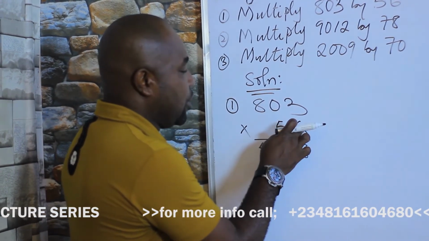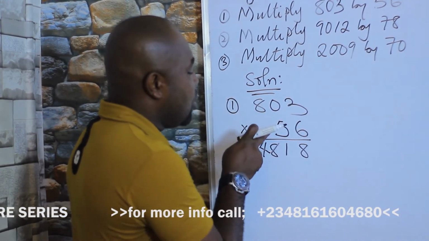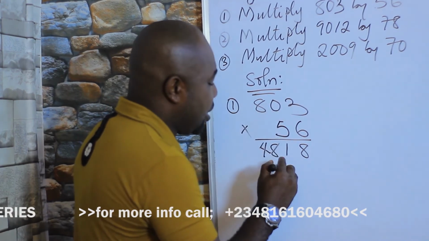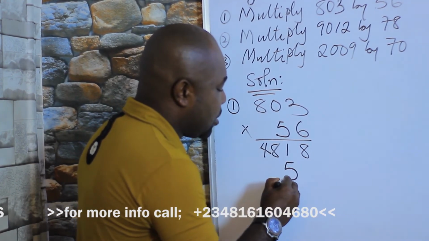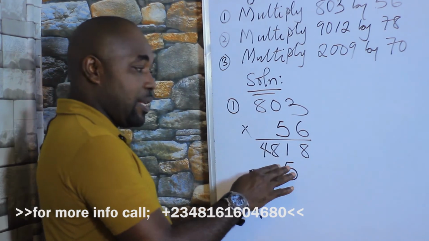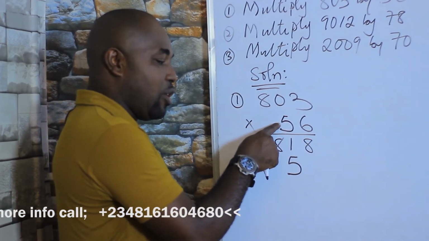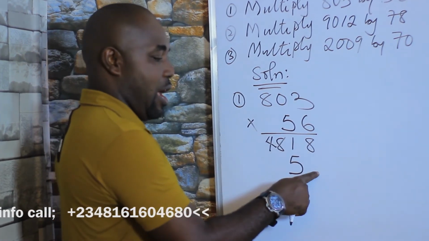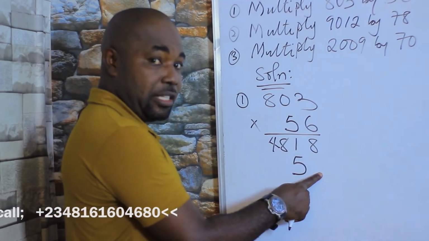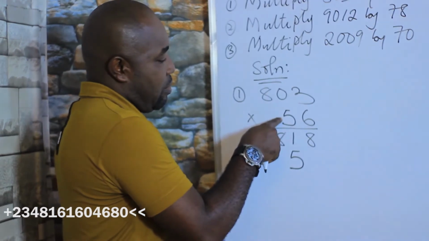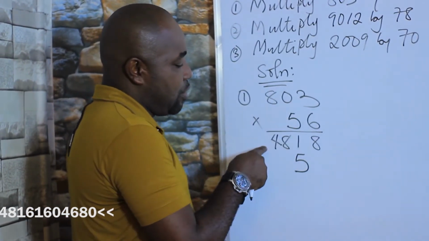Then we have finished on this row with 6. 5 times 3 is 15. You see how we are placing it. We are working with 5 now, and our placement should begin under 5 and not here. Am I communicating? 5 times 3 is 15.